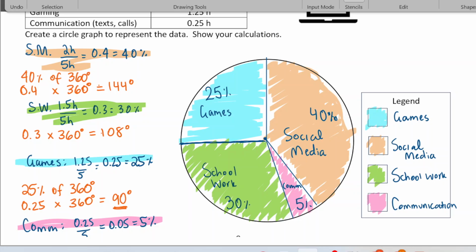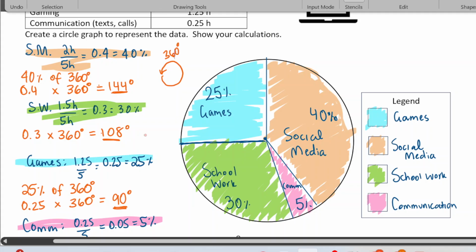So just to recap the steps here, we want to calculate a percentage of the total for each one. I just did that by dividing and then multiplying by 100. And then you want to figure out what angle each percentage represents of the circle. So you take the percentage as a decimal and multiply by 360, because 360 is all the way around a circle.